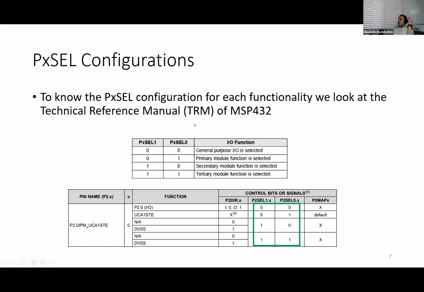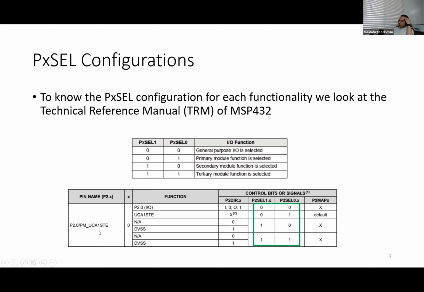Again, as I said, to know exactly what values to put in PxSEL for any port, we look at the technical reference manual, because this is a programming manual. So here, for example, 0, 0 is the general GPIO, 0, 1 is the primary, 1, 0 is the secondary, and 1, 1 is the tertiary, the final one.